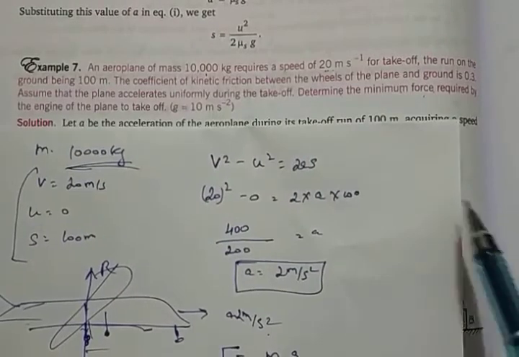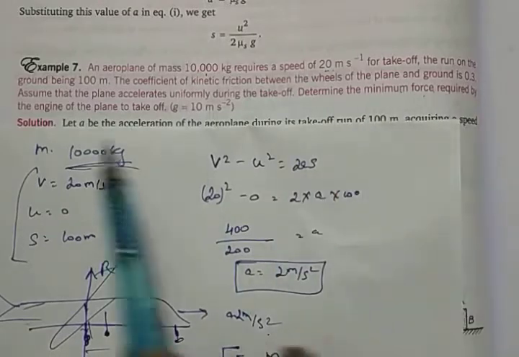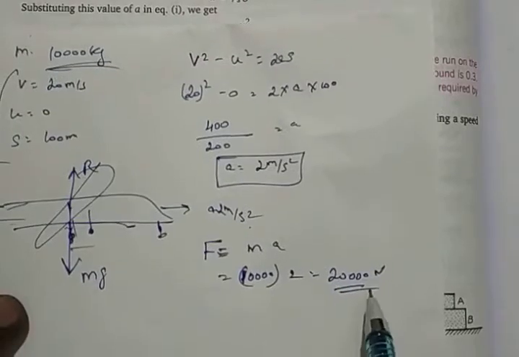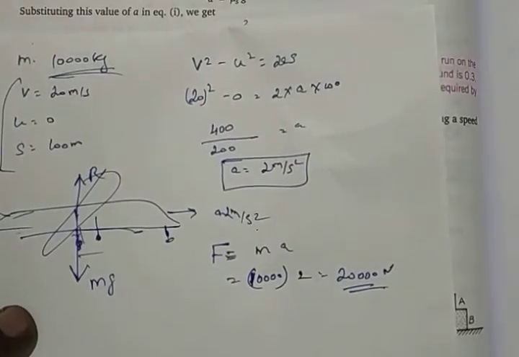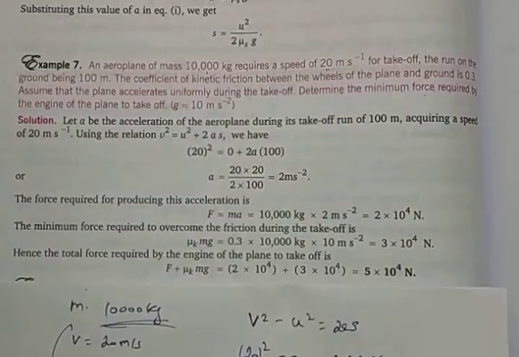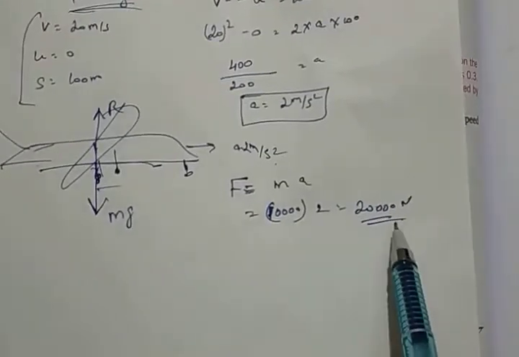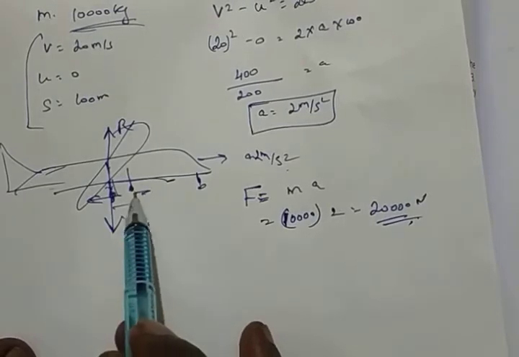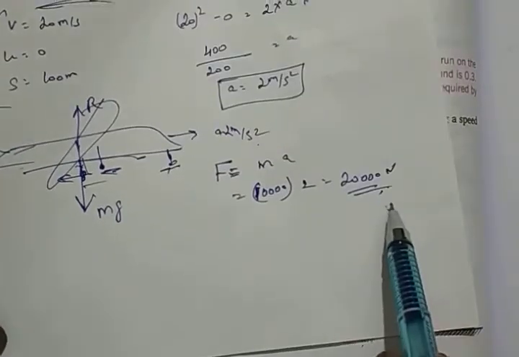Now what is asked? Determine the minimum force required by the engine of the plane to take off. How much is the minimum force? Now is it only this much? You cannot take only this much force. There is a frictional force also added here. Whenever it moves, the frictional force will be subtracted from here.